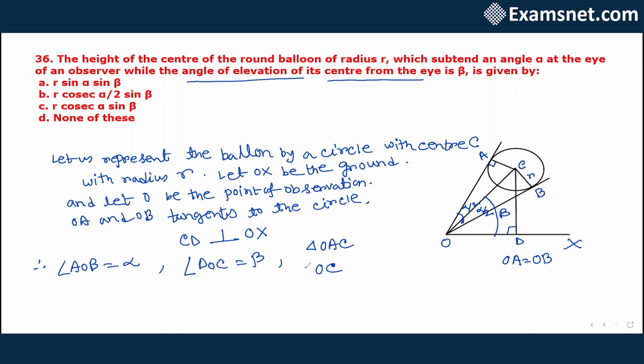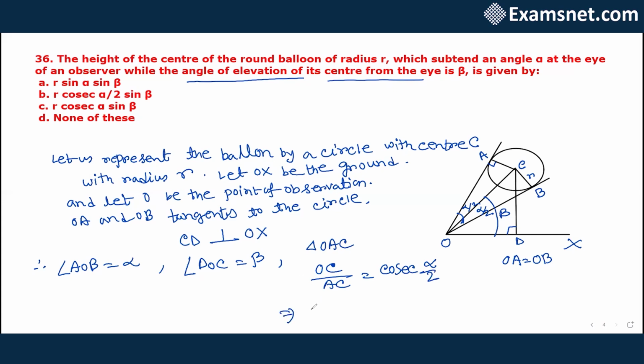So OC by AC, radius by hypotenuse, we will get cosec alpha by 2.